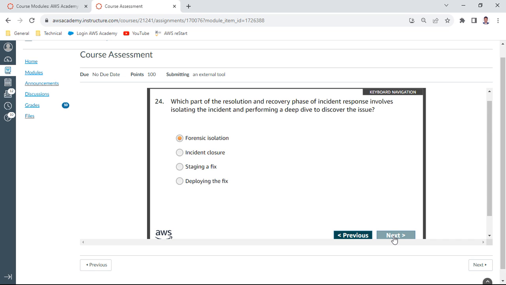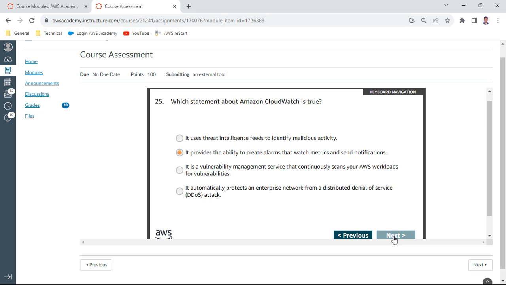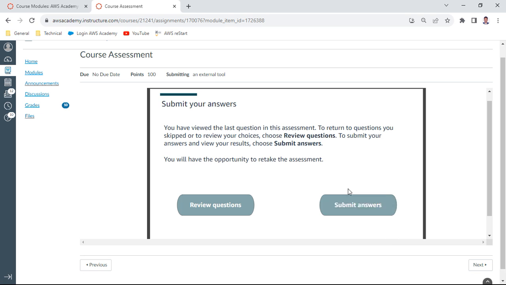It is forensic isolation. 25: which statement about Amazon CloudWatch is true? It provides the ability to create alarms that watch metrics and send notifications. This is the last question. Now submit your answers. I submit.